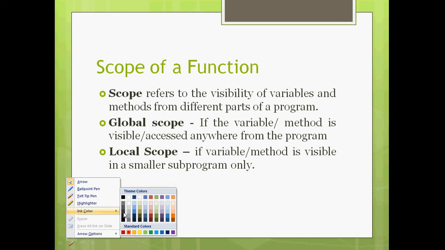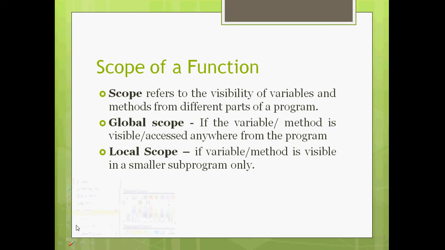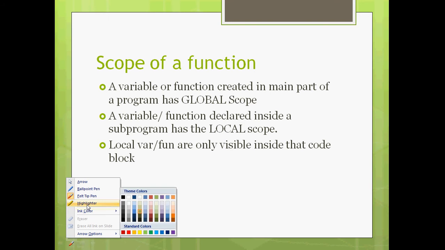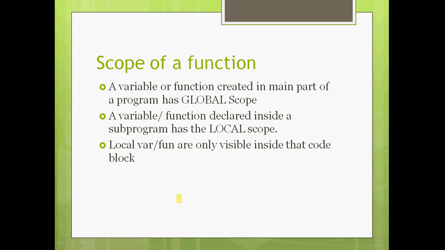Now, a variable or function created in main part of a program has the global scope, and a variable or function declared inside a subprogram has the local scope.